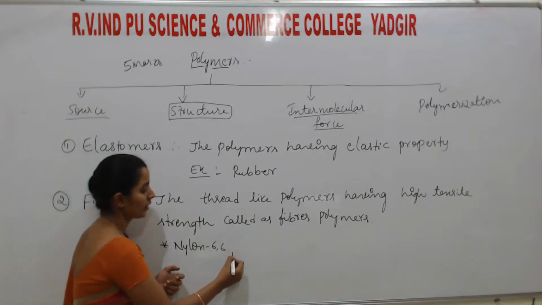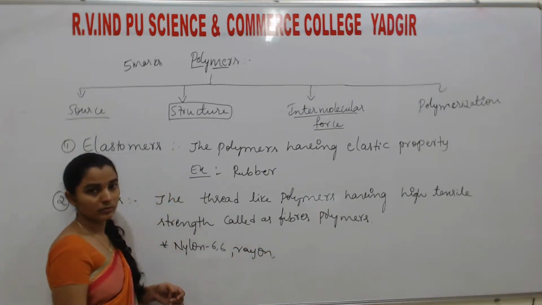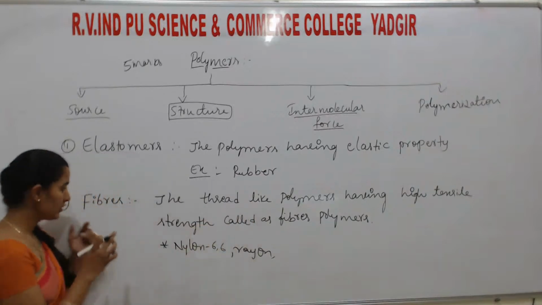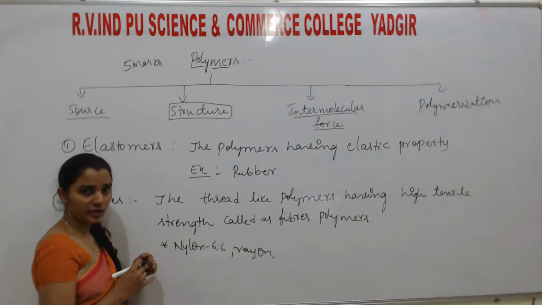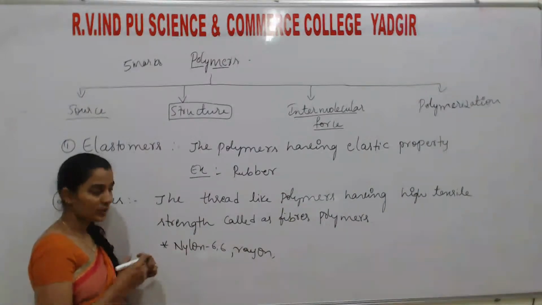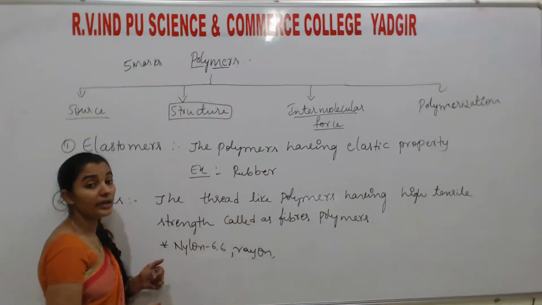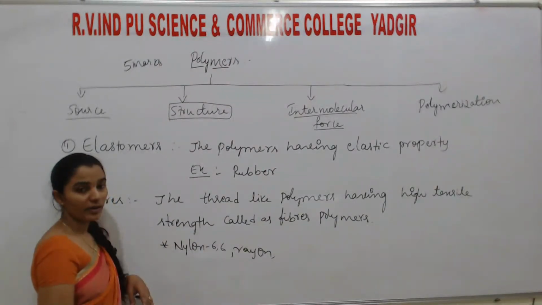Rayon you may take, and nylon 6 is also there. Understand? So they are thread-like structures. Thread means they are like fibers. Fibers are also thread-like structures, but they have very high strength. So here also, the thread-like structures are polymers having high tensile strength. They cannot break easily. So those are called fibrous polymers.